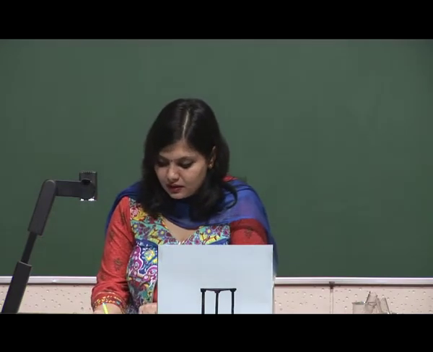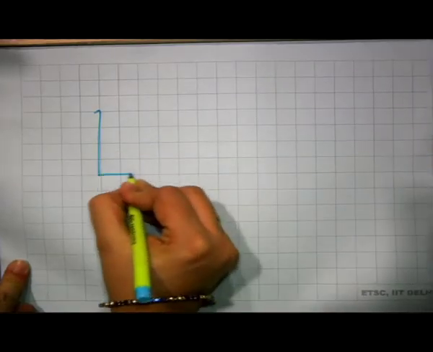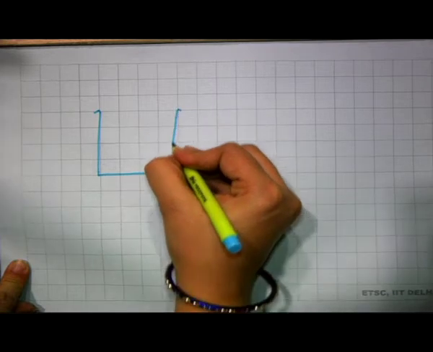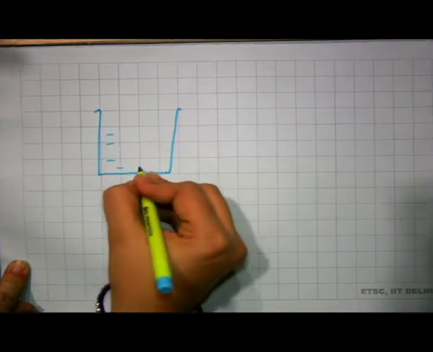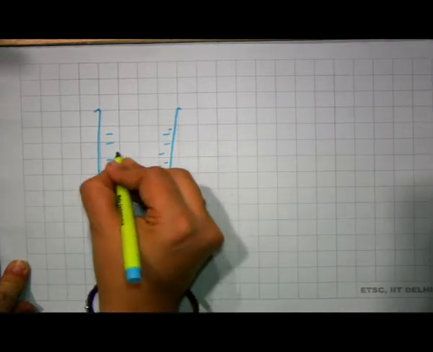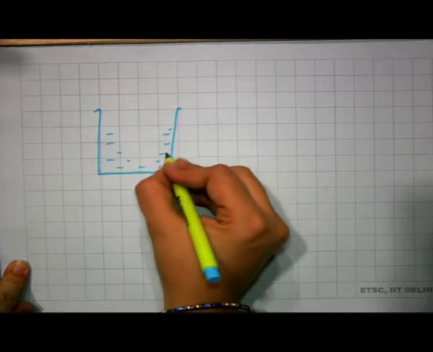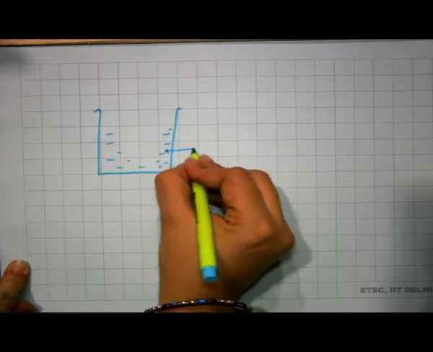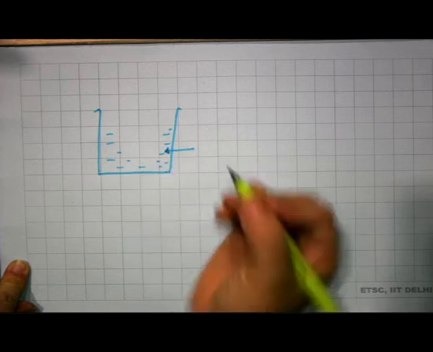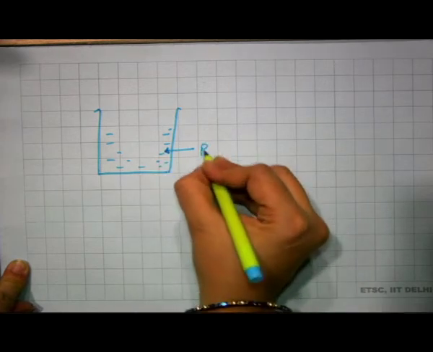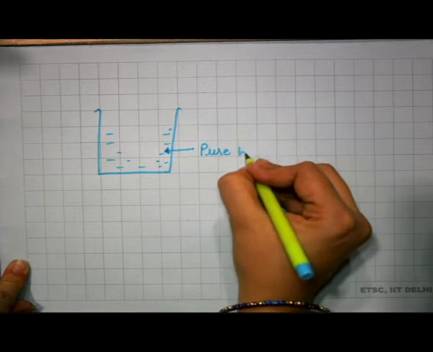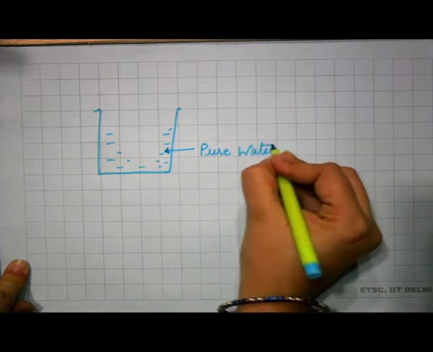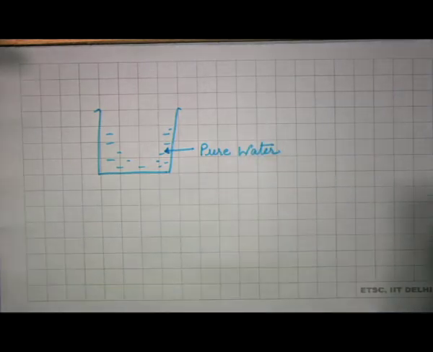Let me draw a diagram of the system that we have just arranged. So, we have a beaker. In the beaker there is pure water. I am drawing this diagram in order to help you remember what was where. So, this was pure water, and we had taken a test tube.